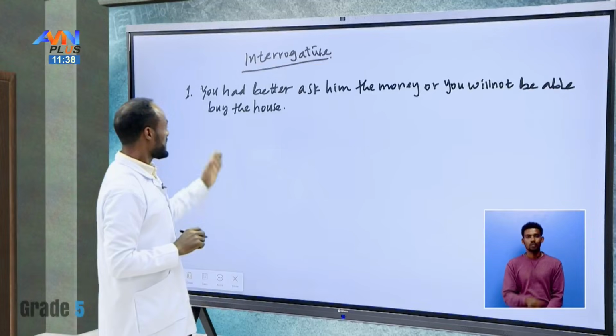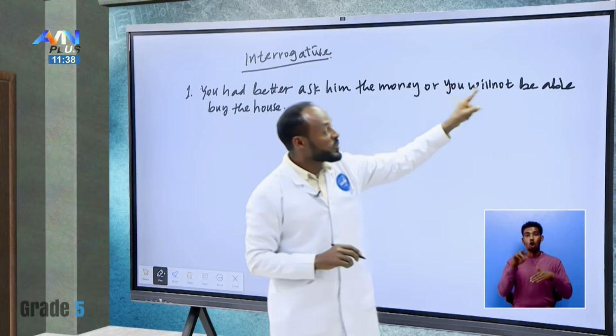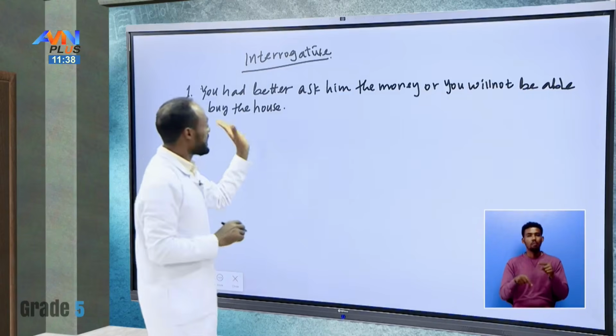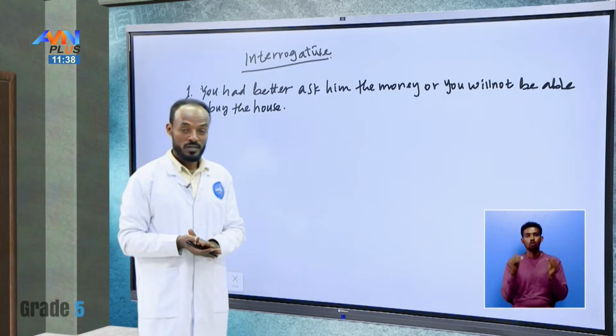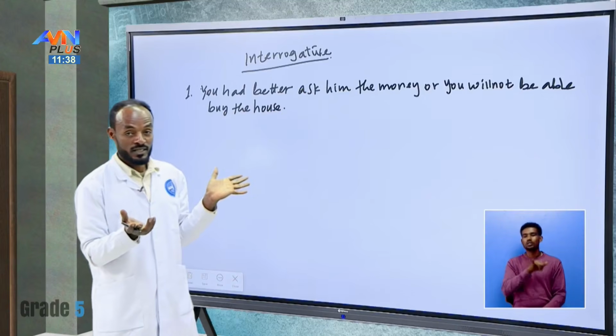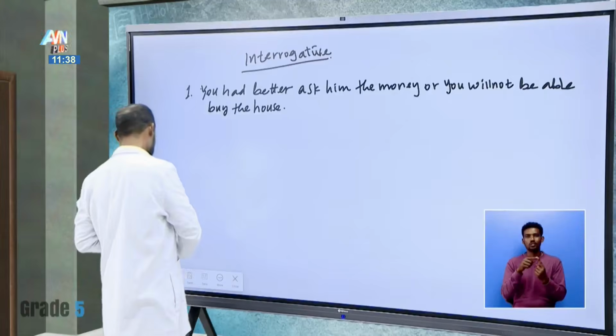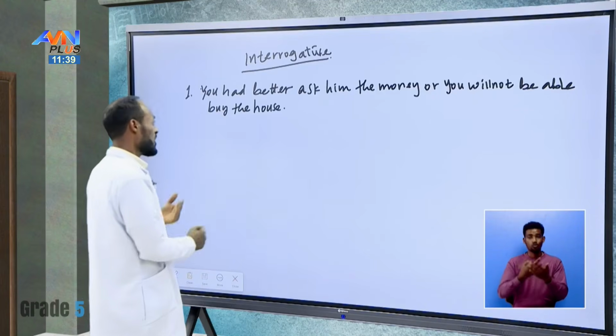Is it clear? Listen, you had better ask him the money, or you will not be able to buy the house. Because this one is just a warning. Can we change this one into interrogative form? How can we change it?